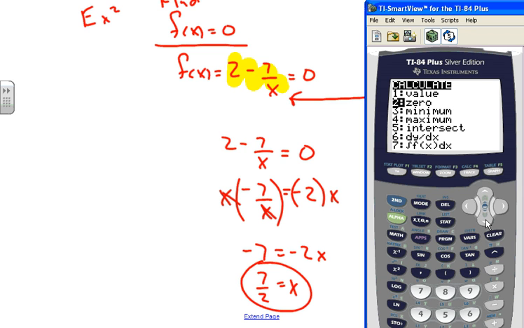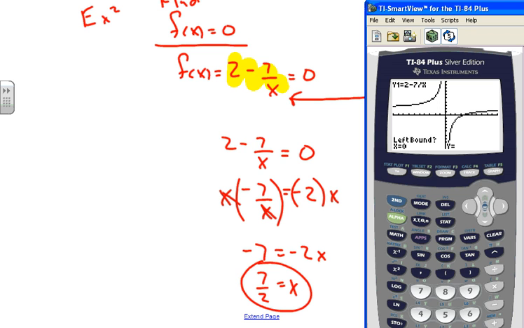We can find our zero. We can go over on this spot, left side, press enter. For the right bound, the right bound has to be past the zero. We're applying the intermediate value theorem, for those that are aware of that. Positive, negative value, and we get 3.5, which is 7/2. So we verified it graphically as well.